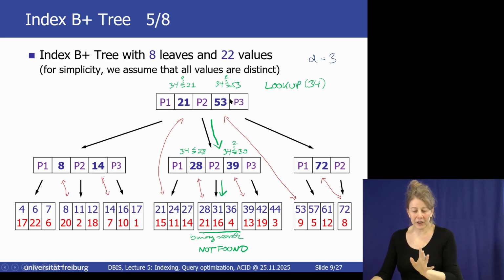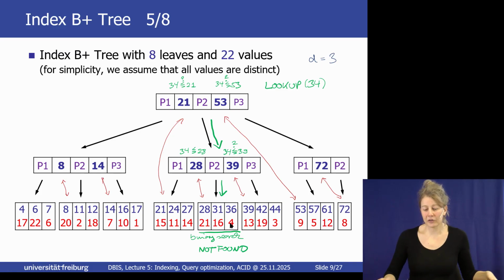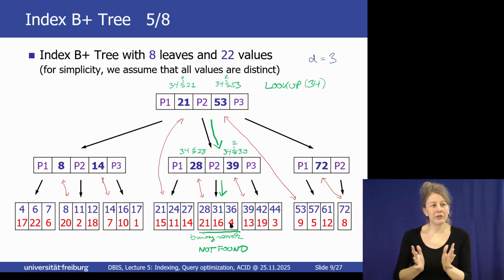And it can't be here because everything here will be greater or equal to 53. So if it's in the tree, it will be here. Same here. If it's in my tree, it will be here. And now I'm in a leaf and I can be sure if it's there, it will be here. So I just search it here. Either I find it or it's not there. That's the principle of a search tree.